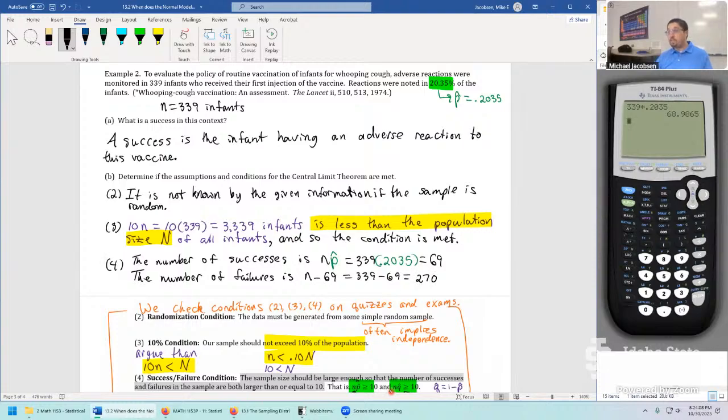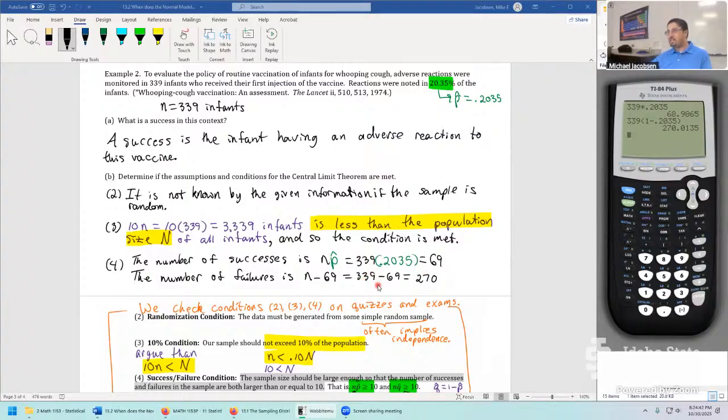So that's a great way to reason. If you use this formula down below, you would take n, 339, times q hat. That's not my favorite symbol. You have to always remember q hat is 1 minus p hat. So you'll go 1 minus, put in the value for p hat, 0.2035, and you get 270 rounded to the nearest integer. So 270 failures, 69 successes.